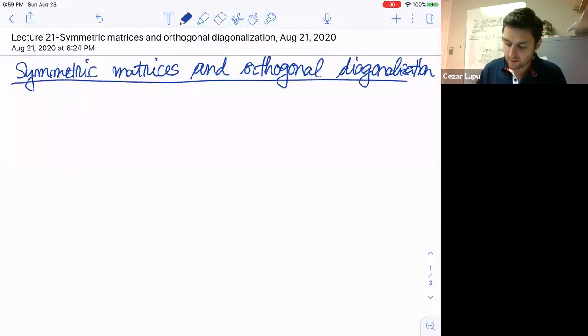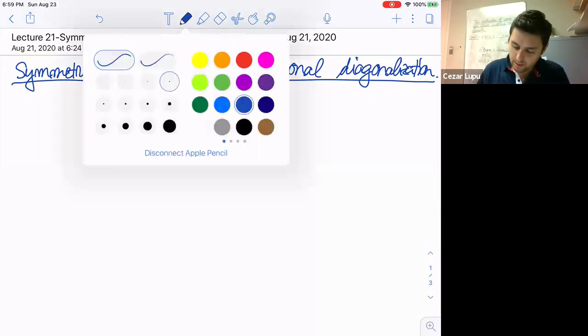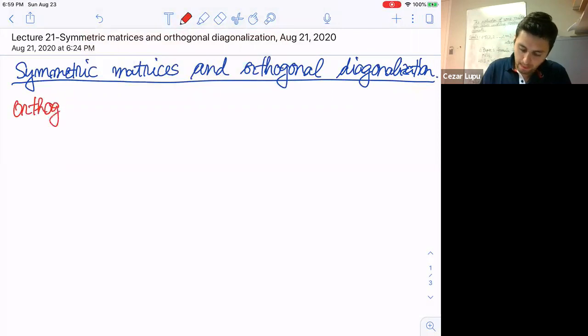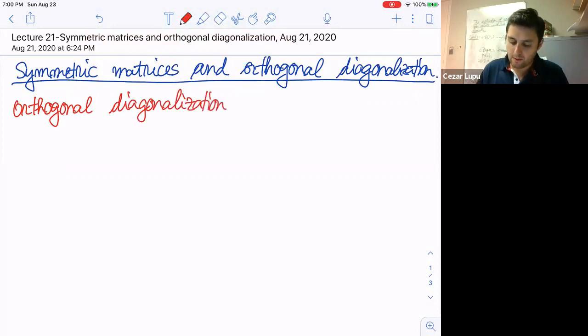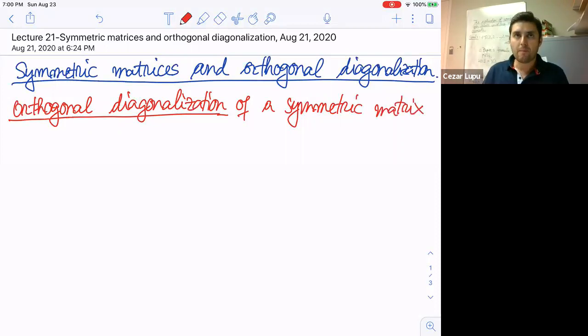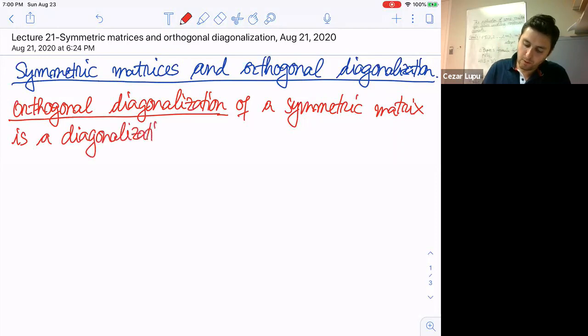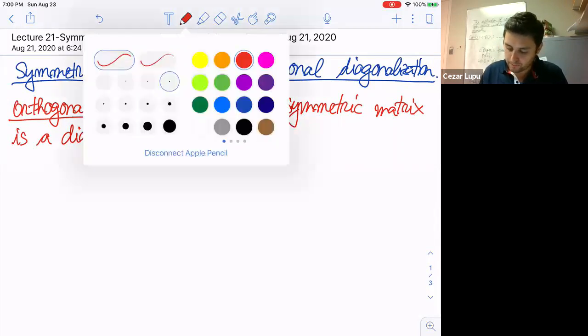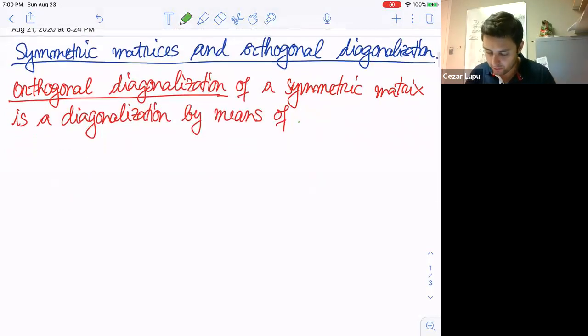And like I said, orthogonal diagonalization of a symmetric matrix is a diagonalization by means of an orthogonal change of coordinates.